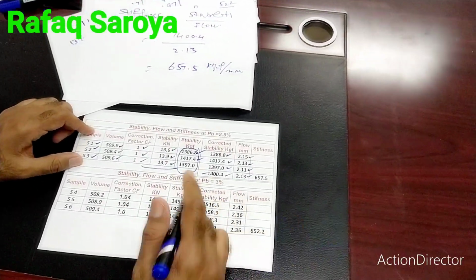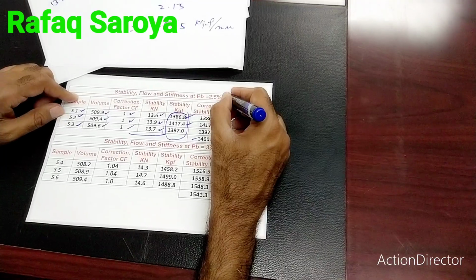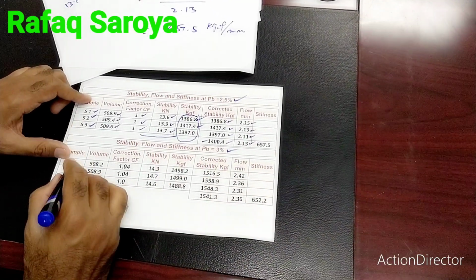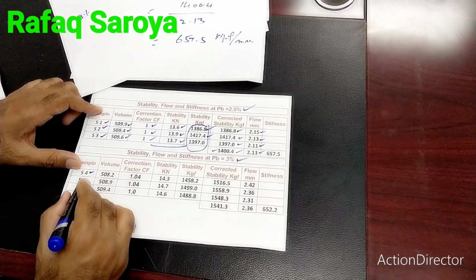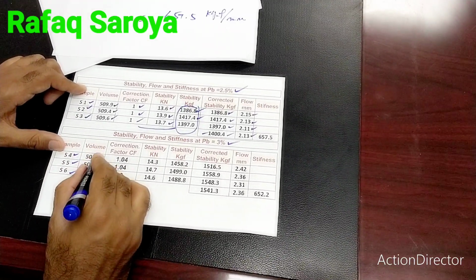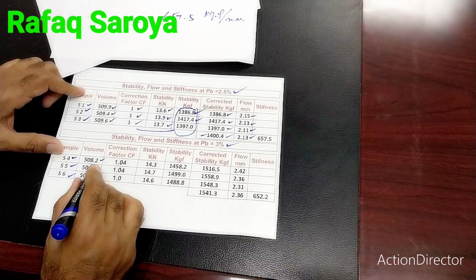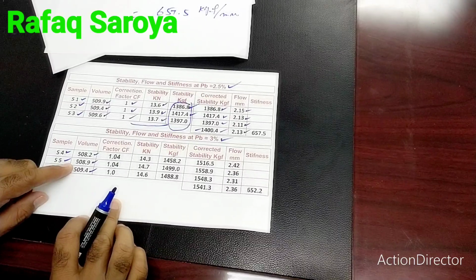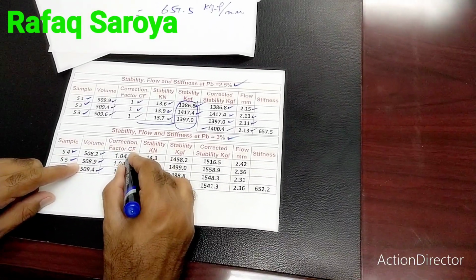Next I am going to show for the bitumen content of 3%. I have named the samples S4, S5 and S6. Here my volumes are 508.2, 508.9 and 509.4. Here the volume is less than the range, that's why the correction factor is greater than 1.